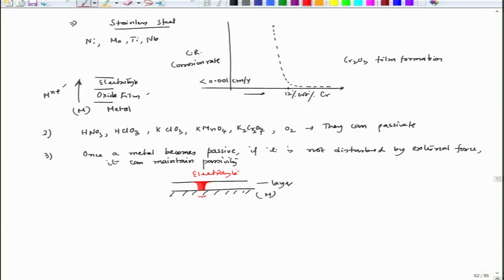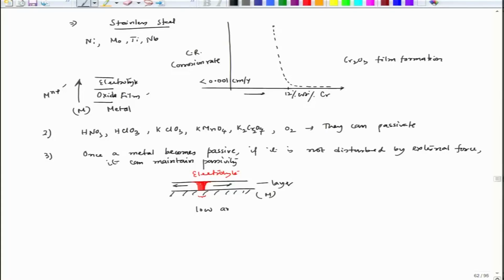And now, around all these segments are covered by the oxide film, and the inner, this small segment is exposed to the electrolyte. So, the small segment will be a small anode and the entire region is cathode, because the entire region has oxides.